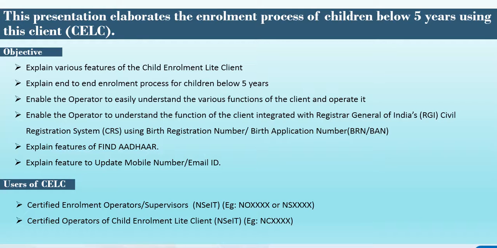UIDAI has also introduced a certificate for CELC client operators, which will start with NC. They are called child enrollment light client operators, and that also will be done by NSE centers. So these two categories, operators and enrollment supervisors, can be users of CELC clients. They are called operators actually.